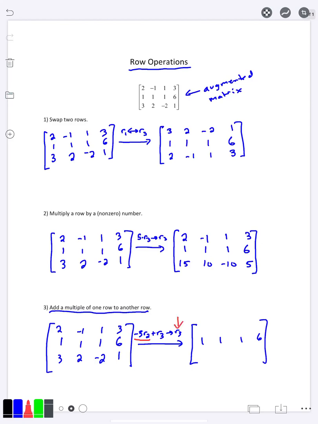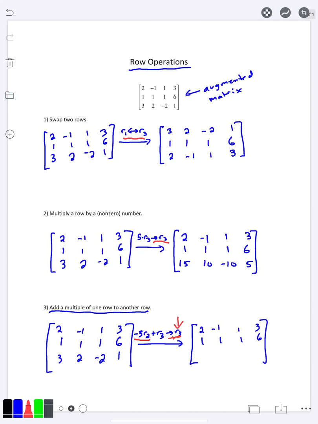That's the only row that's going to change when you're using this operation. This is one of the reasons why it can be very useful to use this notation. The only time you can have something change is if the row has an arrow pointing into it. That means it can change. Here, both of them have arrows pointing to it, so both of them can change.